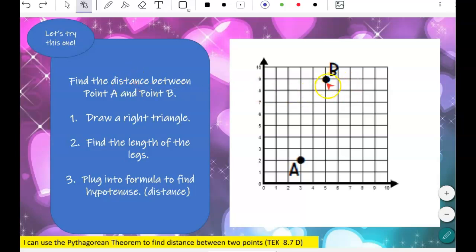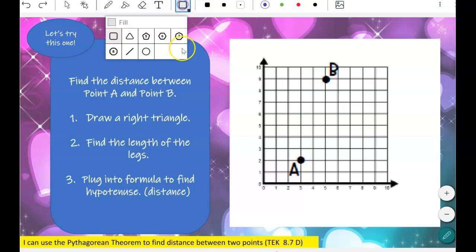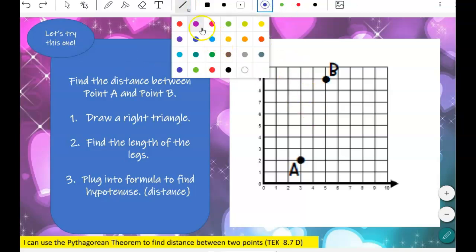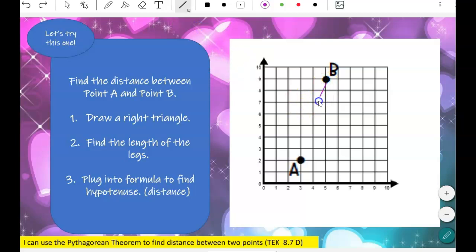So let's look at this one. The points are plotted. We want to find the distance or the length. So I'm going to go ahead and use the line tool, and we'll go ahead and put this one in. We want to find what this is so we can figure out this length here, and then we will need to know what this one is here.